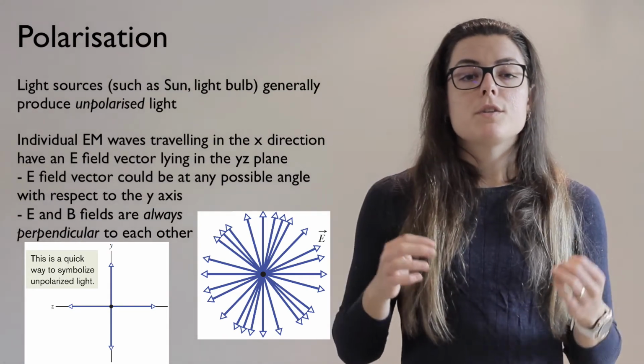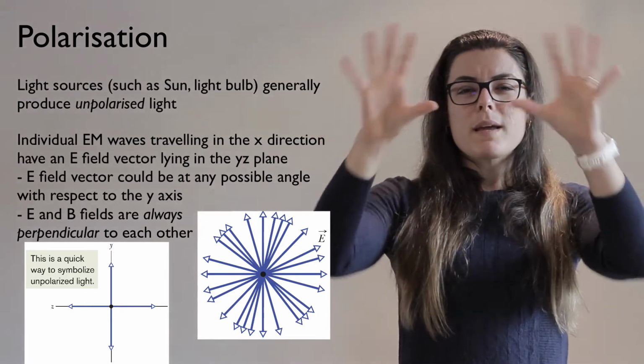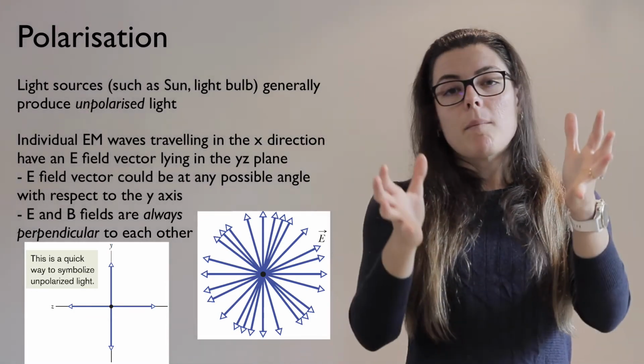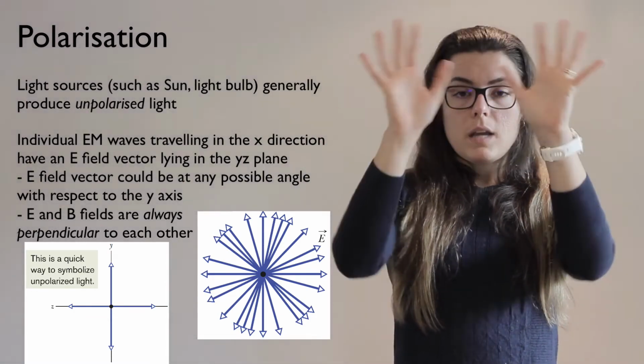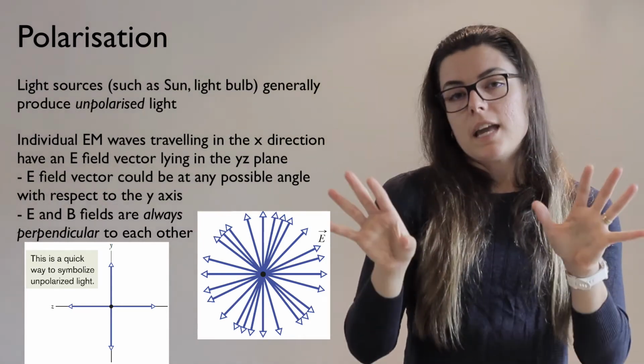So for unpolarized light, we're going to have essentially even amounts of the electric field components orientated on either side.